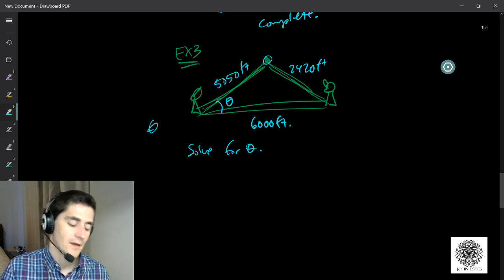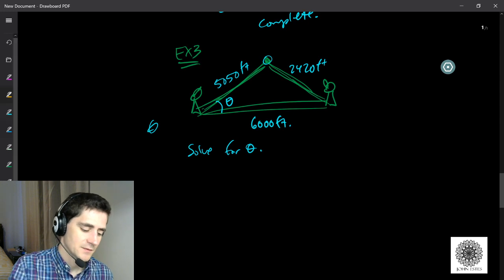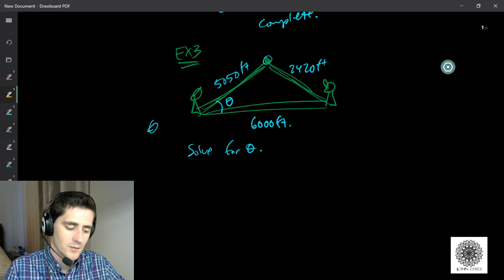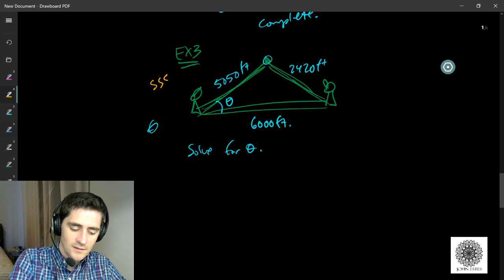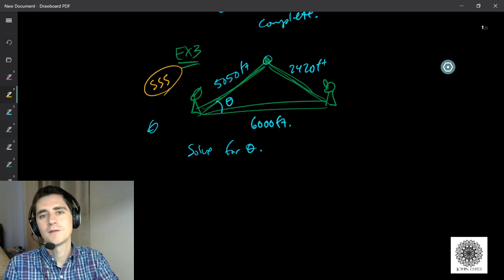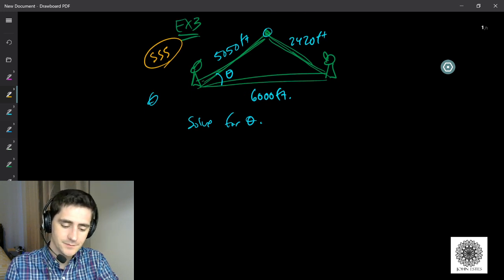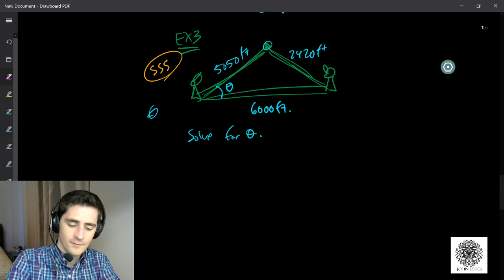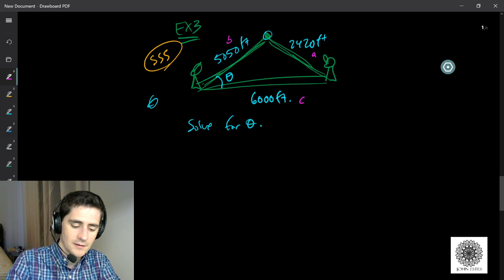Alright, and if I notice here, given the situation, I'm trying to solve an angle. I don't have to solve the whole triangle, but when I'm looking, what case is this? This is a side case, right? They just give me 3 sides. So I know instantly I'm going to have to use law of cosines. And what I could say here, let's call these sides A, B, and C. So what I know is that A squared equals B squared plus C squared.